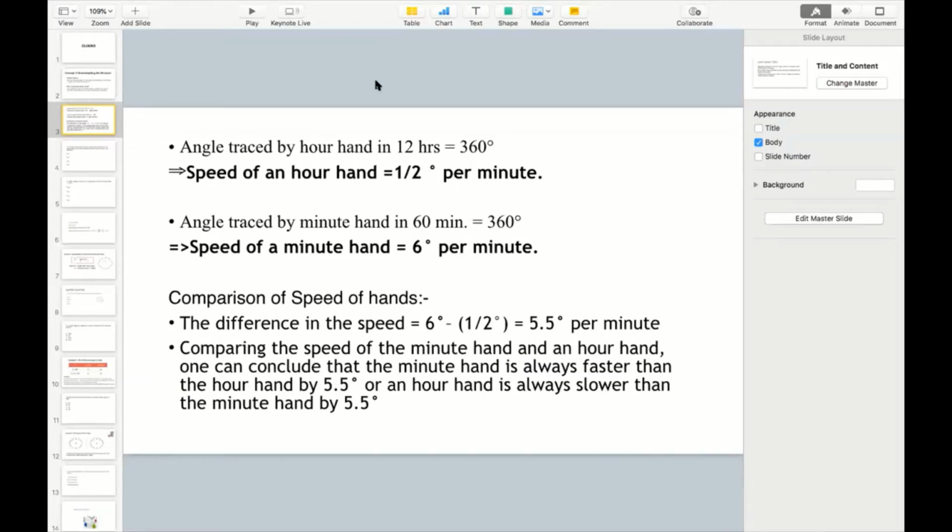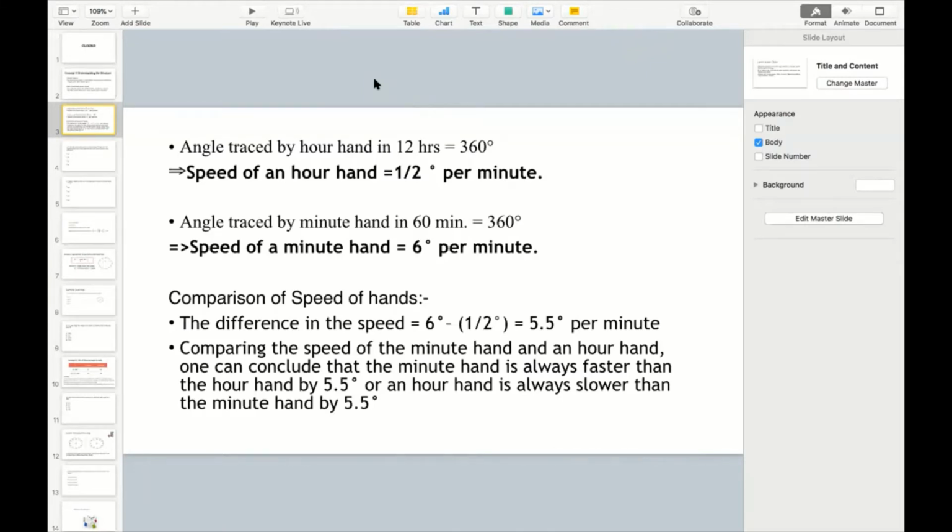So initially it was pointing at 1 o'clock, now it is pointing at exactly 2 o'clock. So I can say that it has covered a total of 30 degrees. How 30 degrees? Because in 12 hours it completes 360 degrees. So in 1 hour it will cover 360 by 12, which is 30 degrees, right? Now it covers 30 degrees in 1 hour, and 1 hour is 60 minutes.